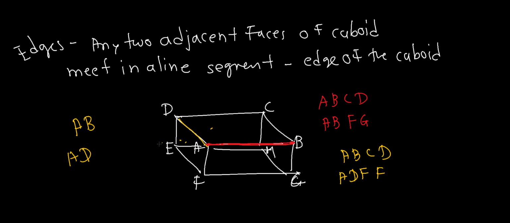So formed by these two faces, the common line segment is AD. Then accordingly there is a line segment BC, and it goes on. So there are 1, 2, 3, 4, 5, 6, 7, 8, 9, 10, 11, 12. Yes, 12 edges are there in total. I just wrote 3 of them right here, right now.